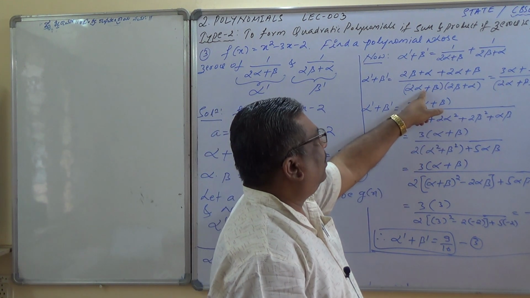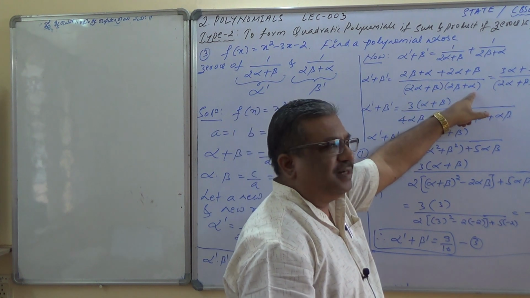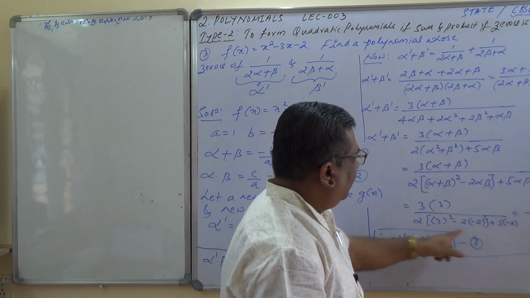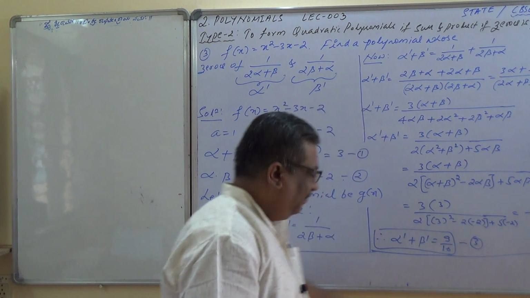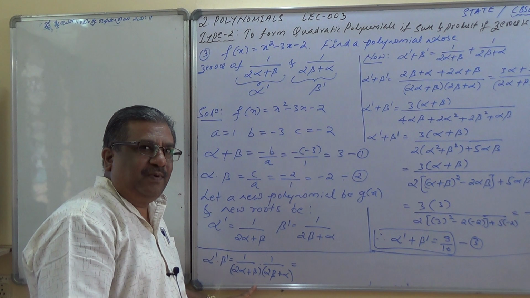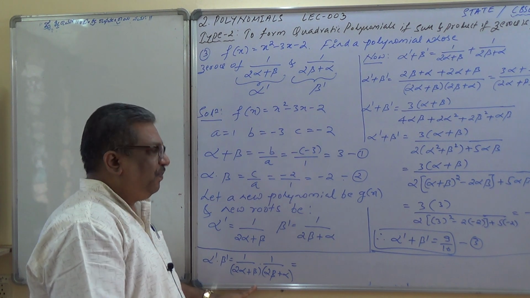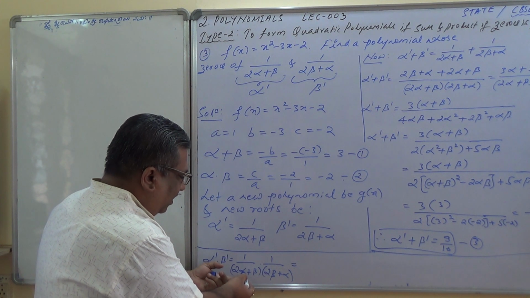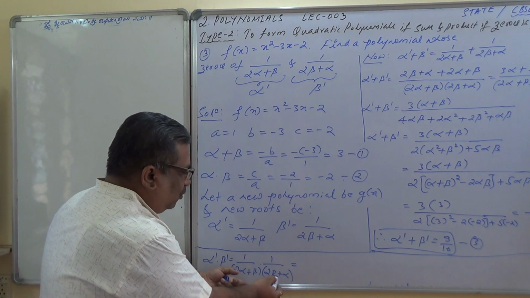What is the denominator? 2 alpha plus beta into 2 beta plus alpha, isn't it? This is the product here. So it is nothing but 1 divided by (2 alpha plus beta) into (2 beta plus alpha).